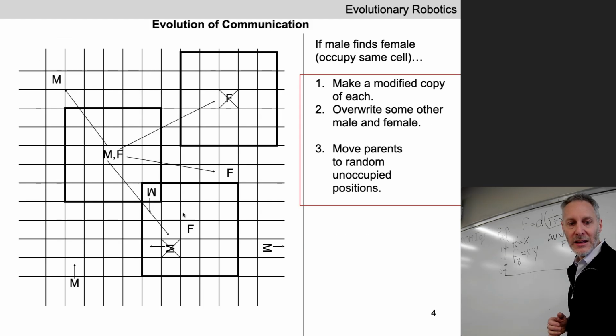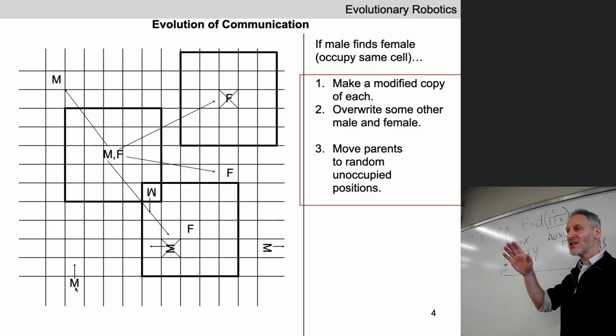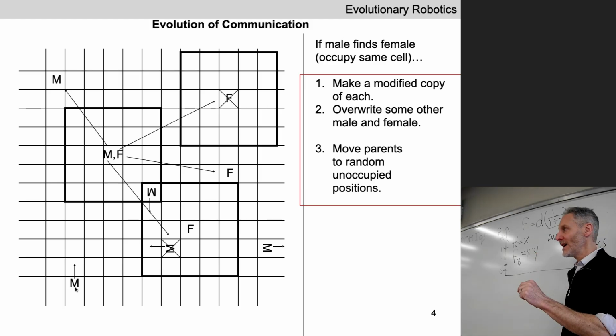Let's take this male here: if this male is outside of any female range, like this male here, the input to that male's neural network is 0, 0, 0, 0, 0, 0. Males are blind, but they can hear. At this point in time, this male hears nothing. It's outside the sound radius of any female.